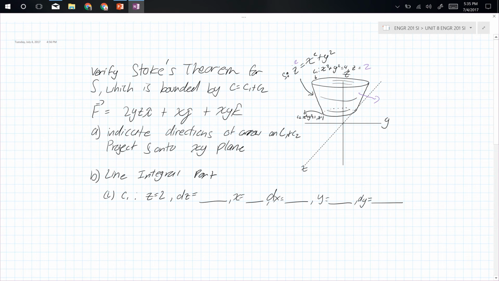So this arrow is going away from the inside of the surface, because if you look down at this in the XY plane, it looks like this. The arrow is on the outside and going down and away from the surface.